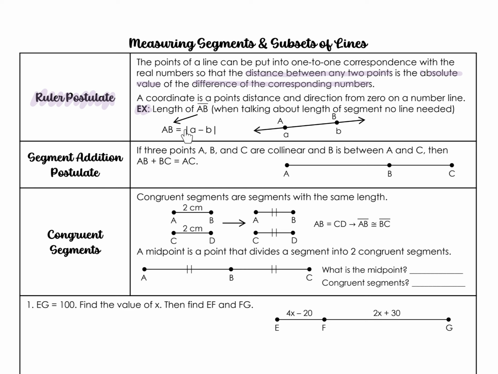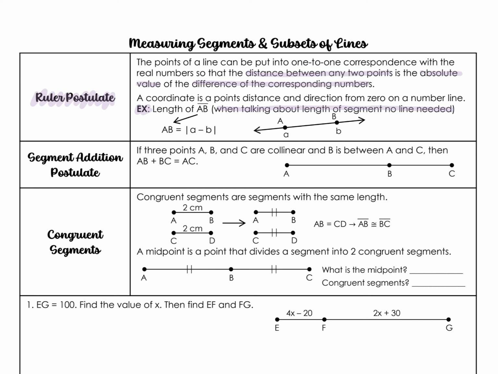If you remember, that's what those lines here mean. And then we can just subtract A minus B. When you are talking about the length of a segment, there's no line needed above the 2 points that you are using to name it.